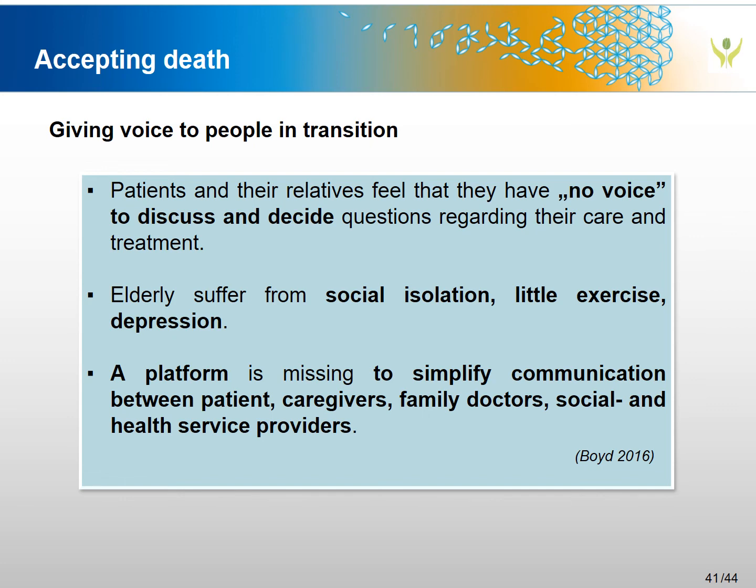Studies indicate that patients and their relatives feel that they have no voice to discuss and decide questions regarding their care and treatment. Elderly suffer from social isolation, little exercise, depression. A platform is missing to simplify communication between patient, caregivers, family doctors, social and health service providers.